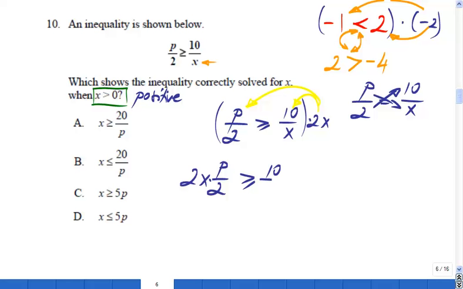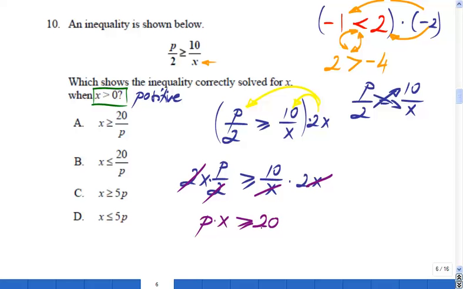Very important. The other side, I have 10 over x times 2x. Well, as you guys can see here, 2 and 2 will cancel each other out. On the left side, you will have p times x greater than or equal. Here I have x and x that will cancel out, greater than or equal to 20.